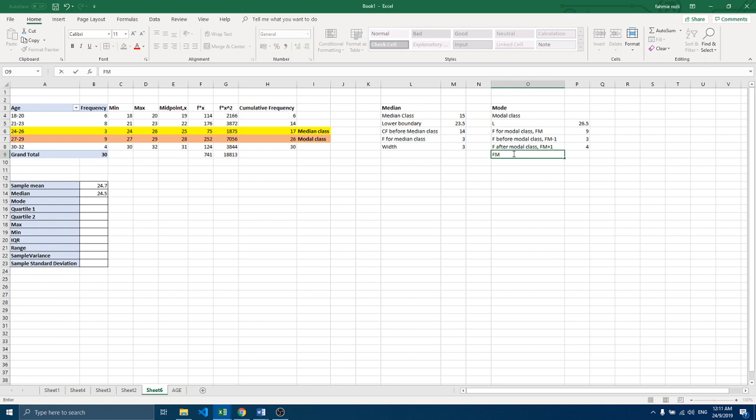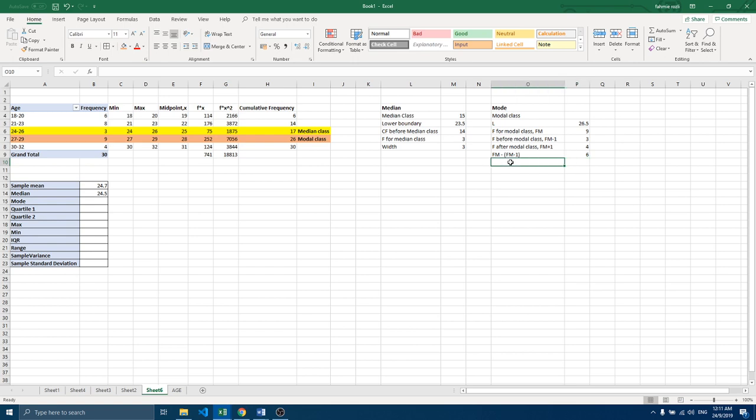Frequency for model class, you have to minus the frequency before model class, which is equal to frequency for model class is 9, then minus frequency before model class, which is 3, is equal to 6.